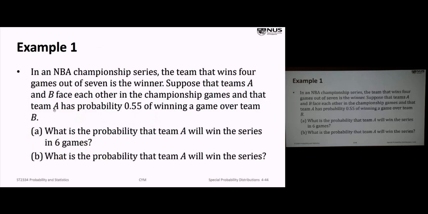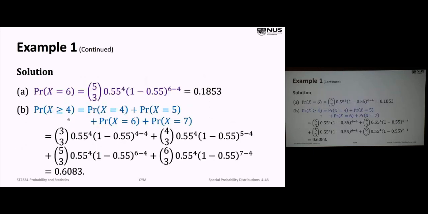Part B says, what's the probability that team A will win the series? This is a bit different because we want to know the probability that X is at least 4. So the probability that X is at least 4 is the probability that X is 4, plus X is 5, plus X is 6, plus X is 7. That's basically the chance they win the series. They have to win at least 4 games.